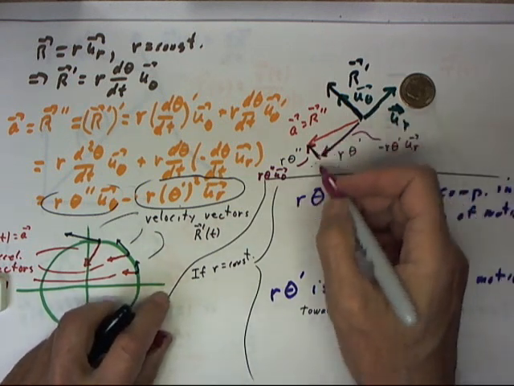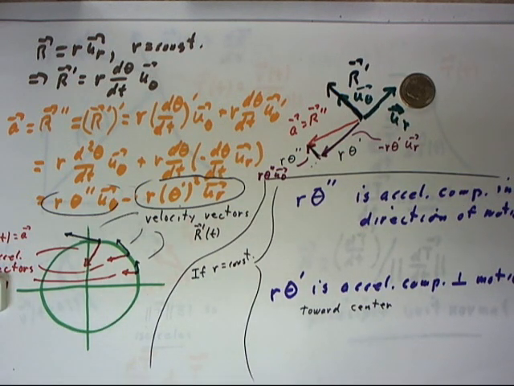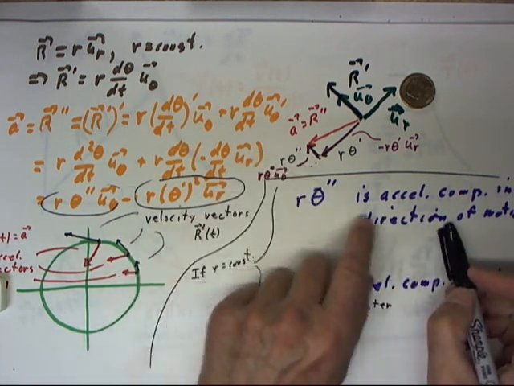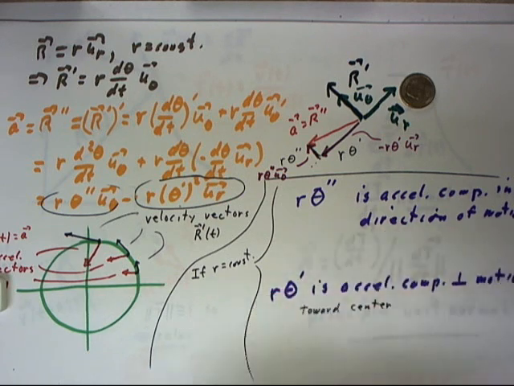And we want to look at the meanings of these two components. So r theta double prime is clearly then the acceleration component in the direction of motion.